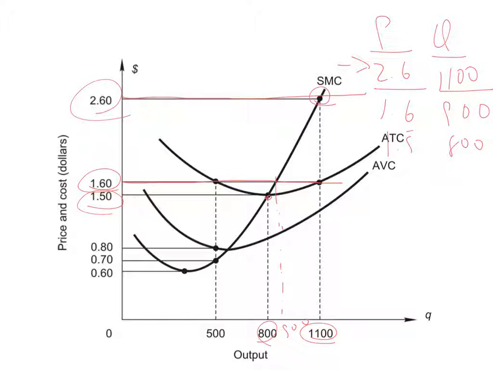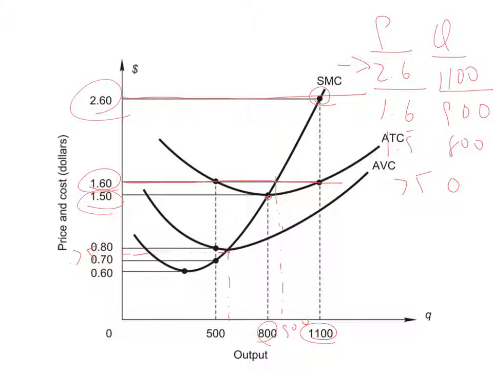If we go even further, if we, for example, have a market price right here at the minimum, the lowest point on the average variable cost, that's probably about 75 cents. If the market price falls to 75 cents, then the firm will do one of 2 things. It'll either produce 0 units.